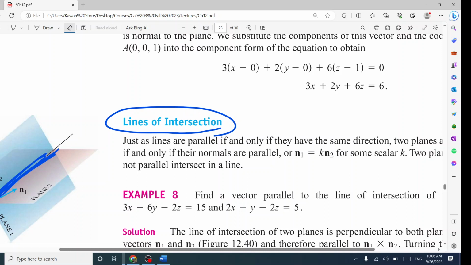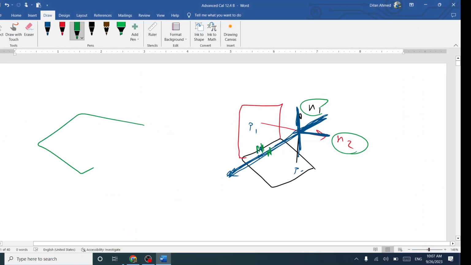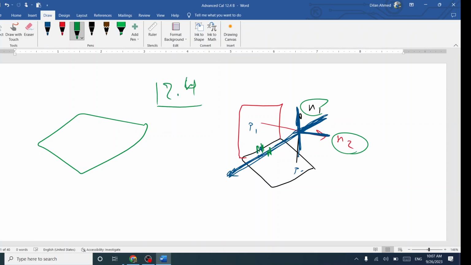How? Before cross, how do you get the normal? I will give you the equation, for example, another example. Say the plane 3x plus 4y minus z equals 0.